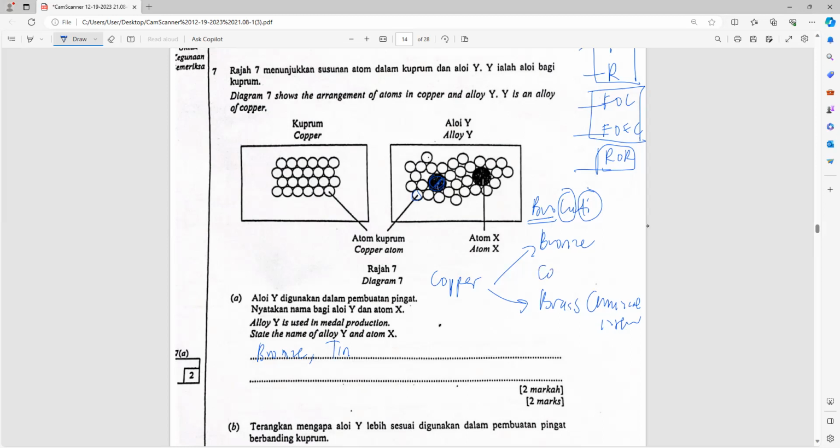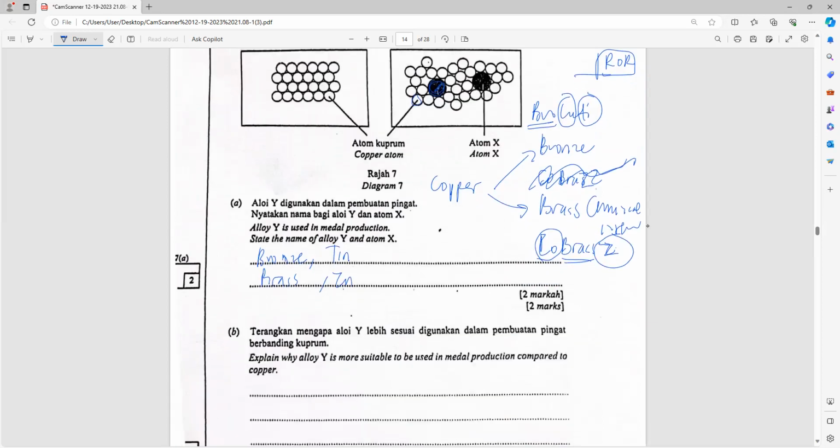Brass sounds weird and looks weird, but you just end it with a Z. So copper and zinc, then you will get brass in it. So remember when you have zinc, then you will get brass.